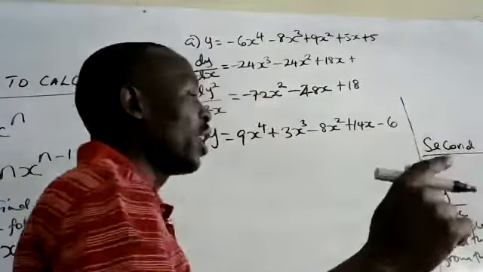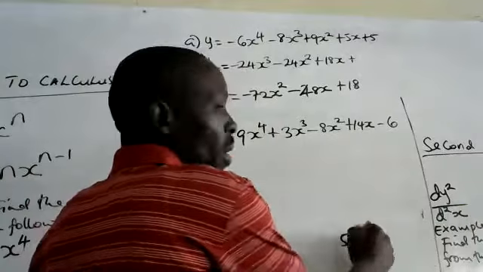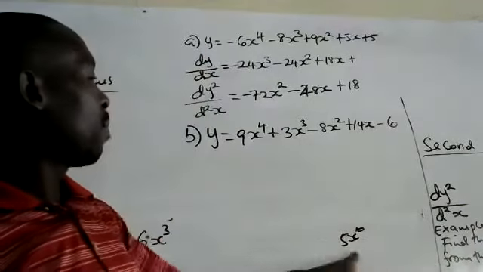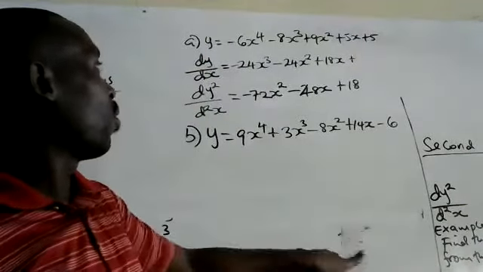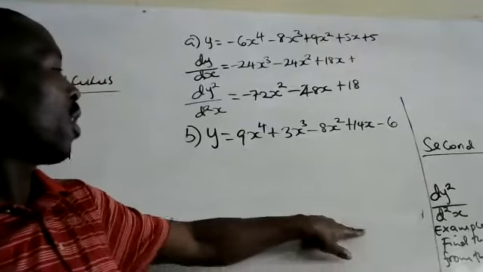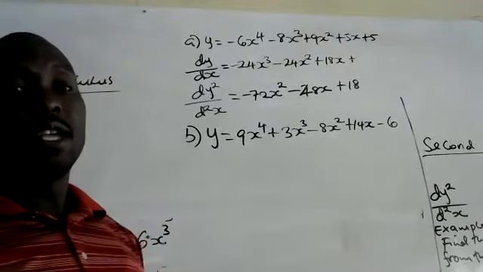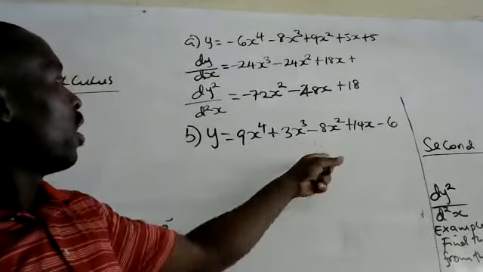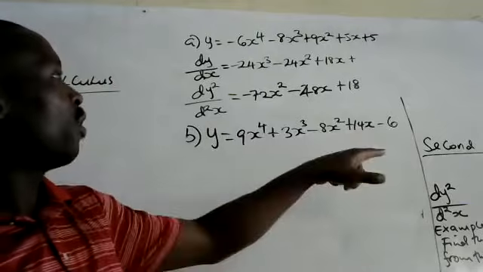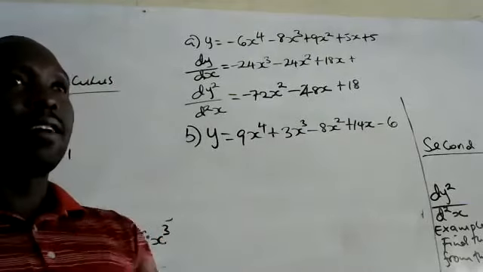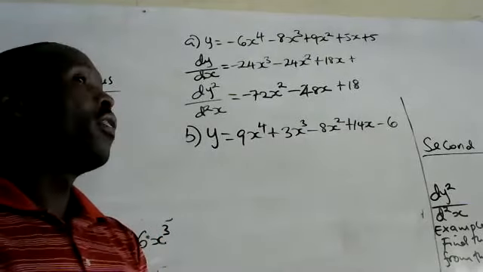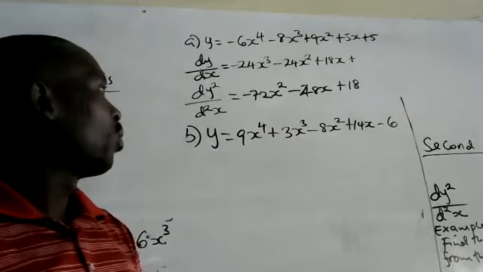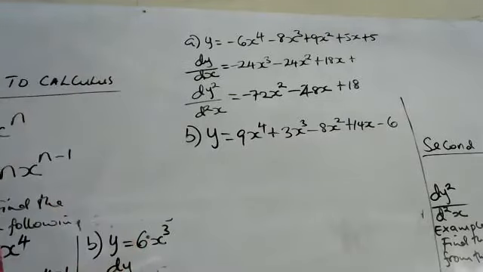If you differentiate 5x raised to power 0, that power 0 will make everything 0, and that's why we don't take it. Anytime you differentiate a constant that does not have an x attached to it, that constant becomes 0. So, let us try this second function.